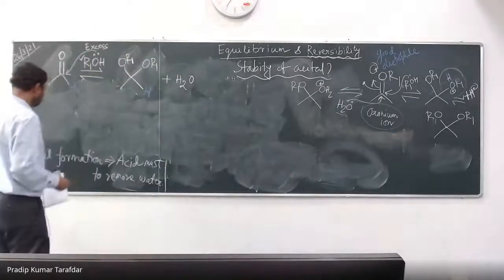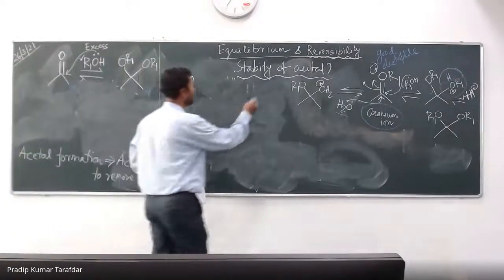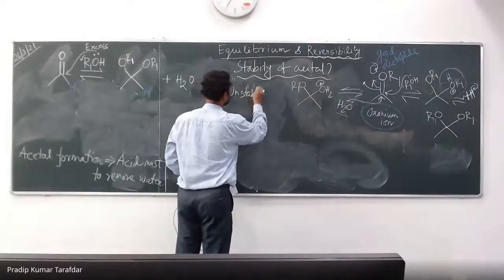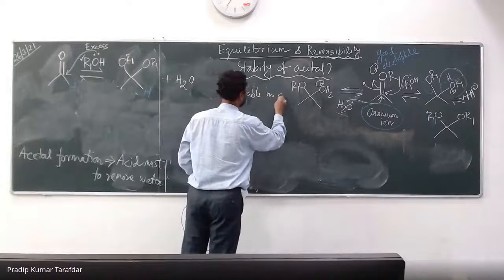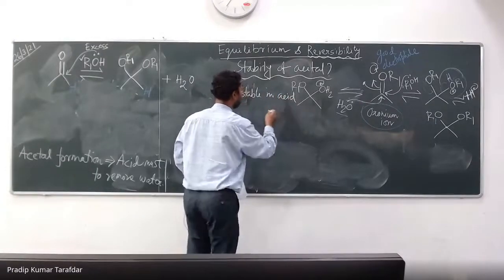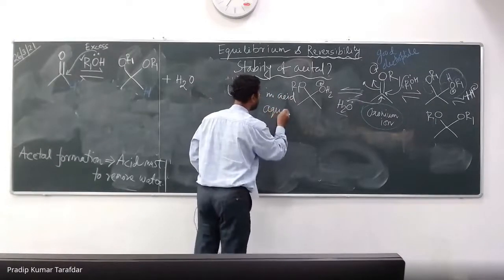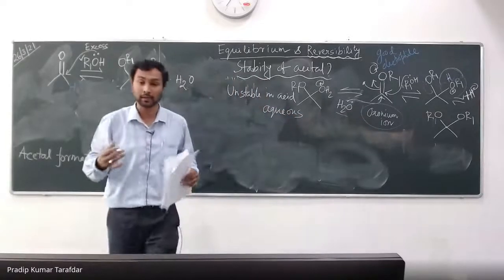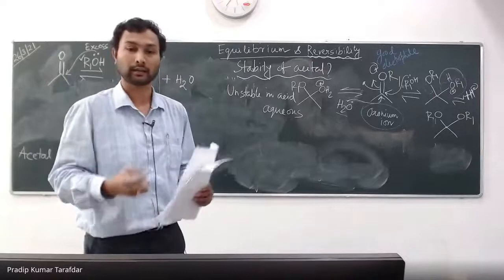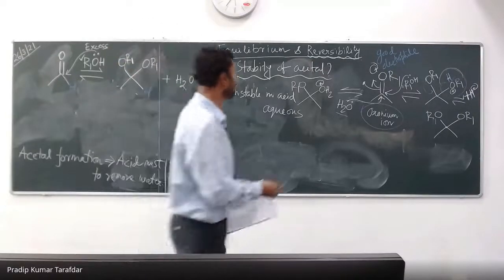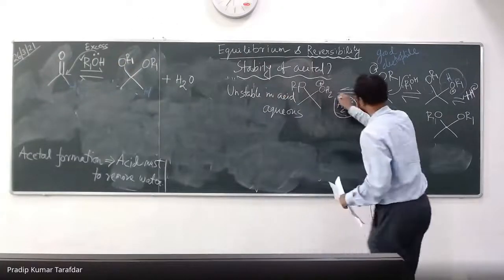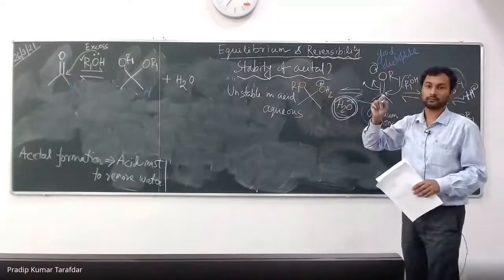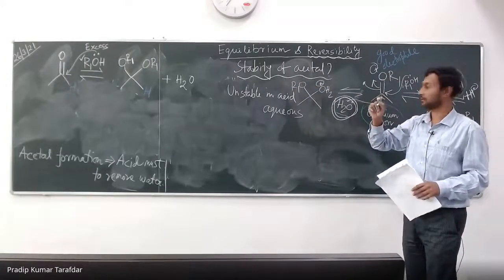So, stability of the acetal. Acetal is unstable in acid, but which acid? Aqueous acid. This is very important. Aqueous acid means you need some water, because this water is required for that backward step.